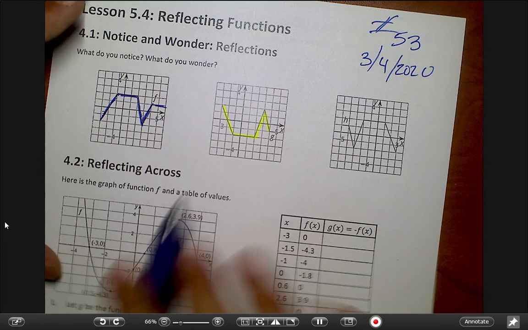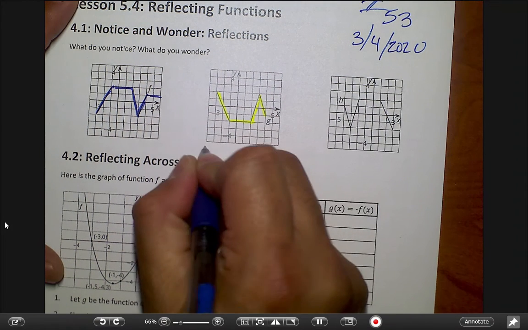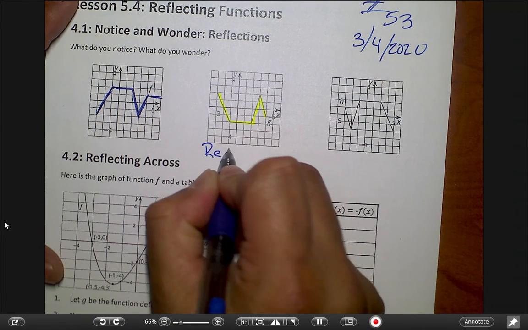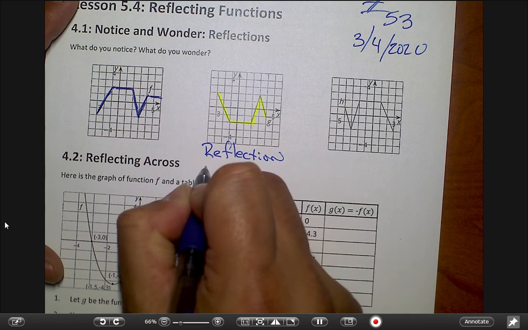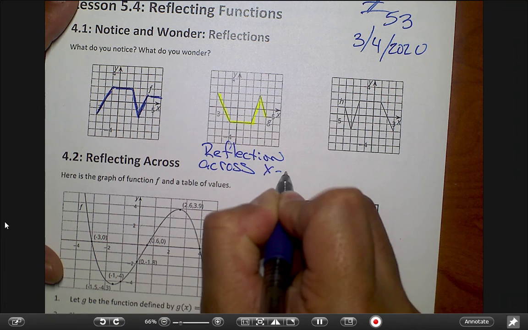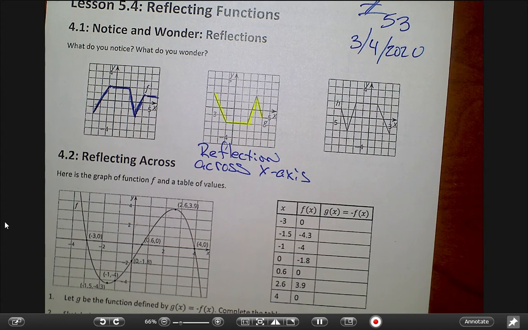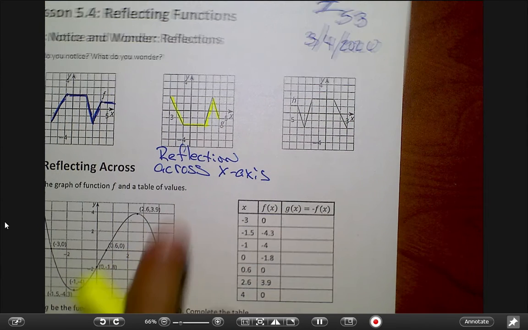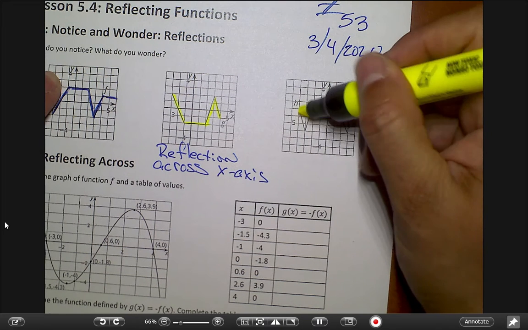So this one right here is a reflection. What type of reflection, y or x? X-axis. The x-axis is this thing right here. Now, let's take a look at this other one.